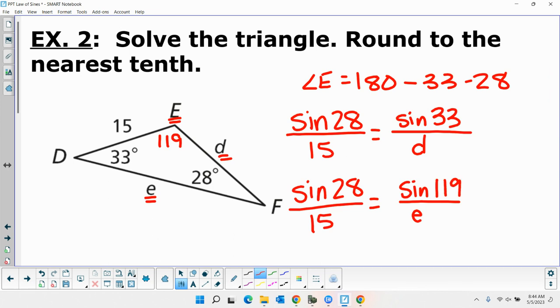So there's the two proportions that I set up to find side E and side D. Questions? So that's using the law of sines. Now I just have to finish by solving for D and solving for E.